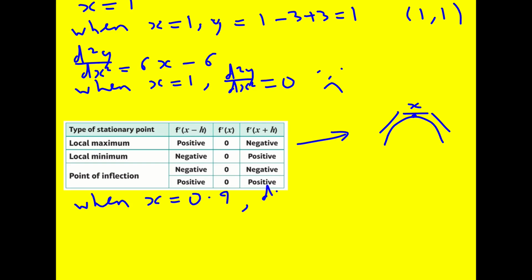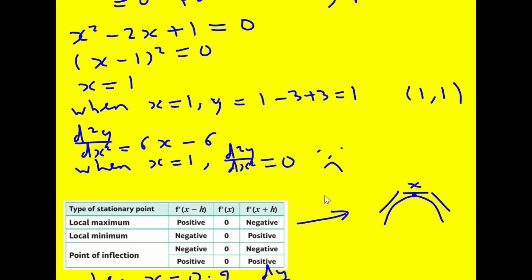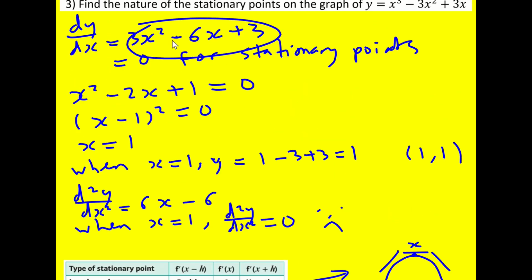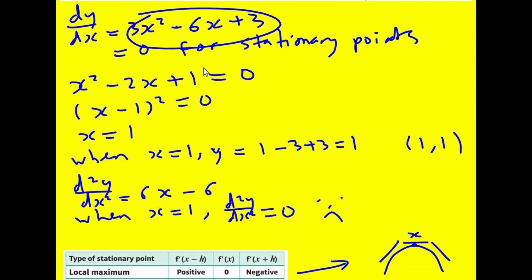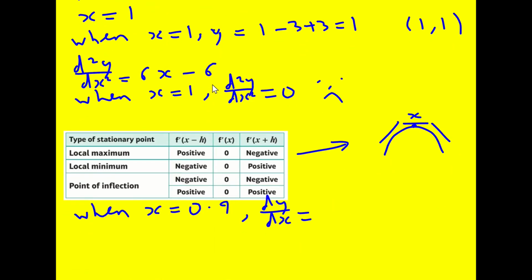And I get that dy by dx is equal, okay, I'm putting it back into this thing here, it's going to be 3 times 0.9 squared minus 6 times 0.9 plus 3. And I get 0.03, which is greater than 0.